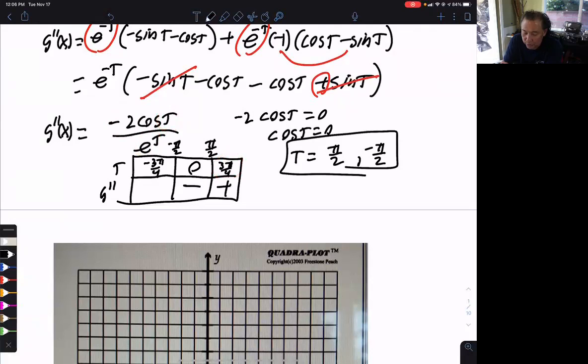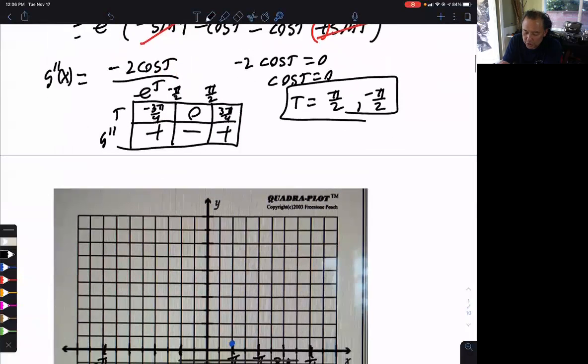So it's concave up to the right of pi over 2. And to the left of negative pi over 2, cosine of negative 3 pi over 4, that's in the third quadrant, that's negative. A negative and a negative make positive. Over a positive is going to be positive. So we're going to have concave up, concave down, concave up.